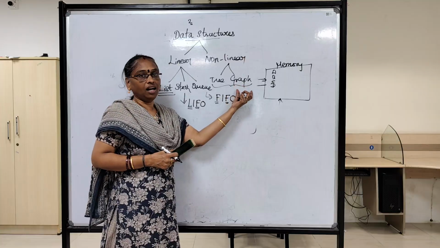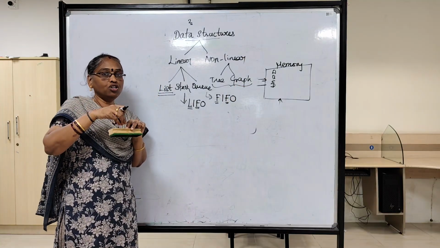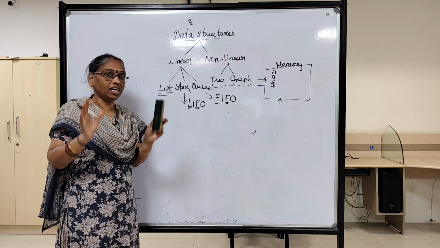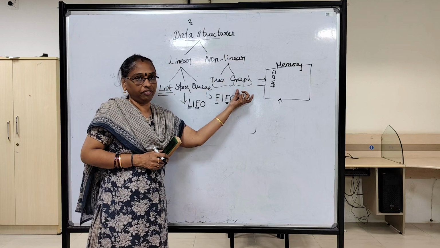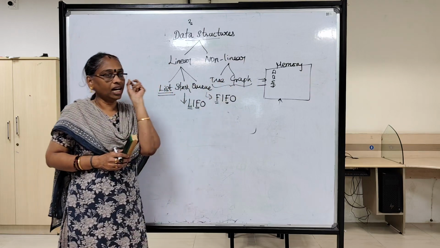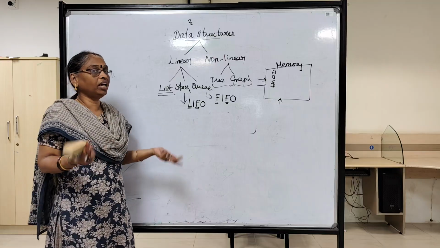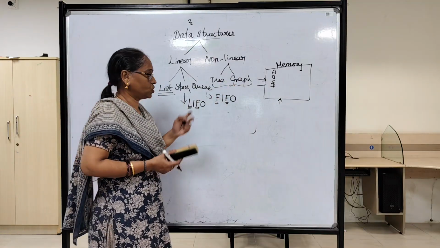If I take a graph, right? See, if I have a node and the node should be the predecessor of the other node or successor of the other node. So in that way, if I have any relationship among my data, I can go with the graph, right? So if there is some relationship existing among the data, I am going to store it, maybe any kind of relationship. So accordingly, I can select the non-linear data structures, right?